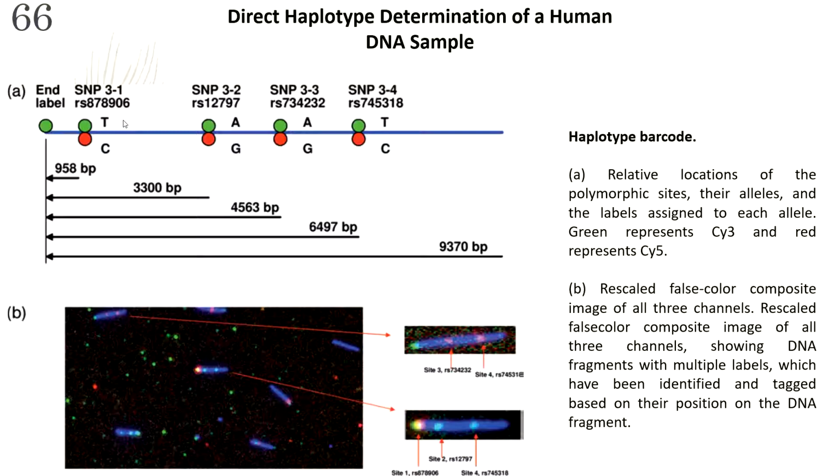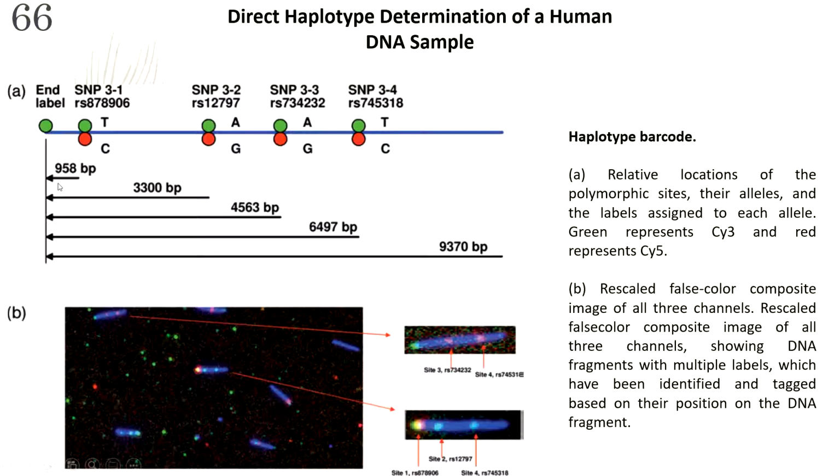The second criterion is that they must have an end label, green fluorescence. That will allow them to be oriented and aligned properly. And the third is that this DNA fragment must have at least 2 polymorphic sites labeled to show the haplotype relation between them.